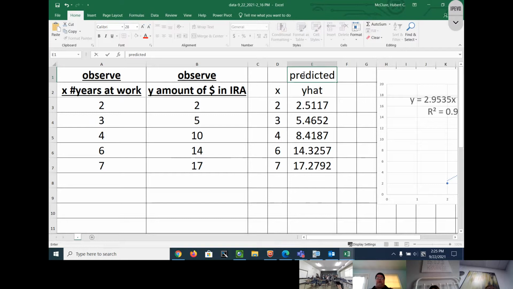Now, somebody tell me what I just calculated, the what values: the predicted values.